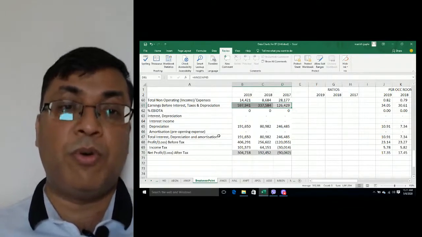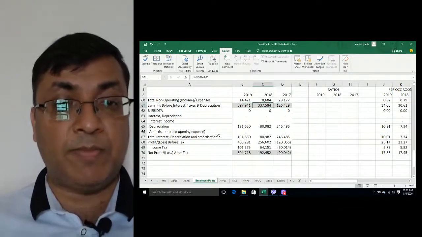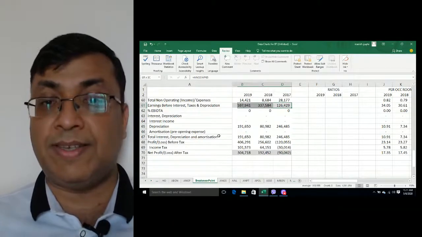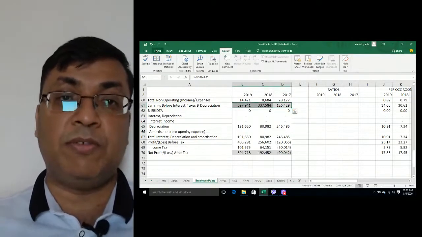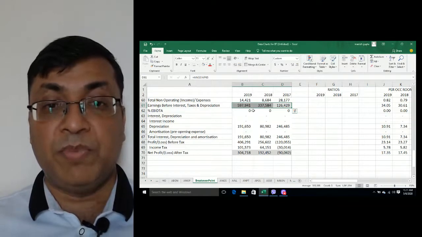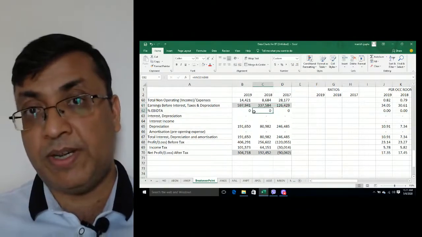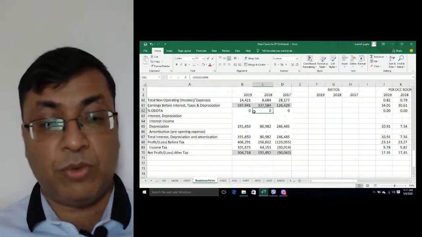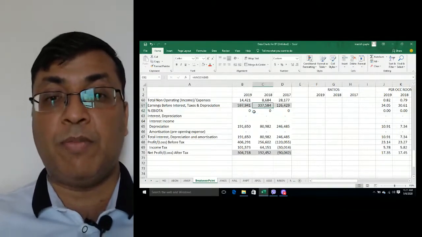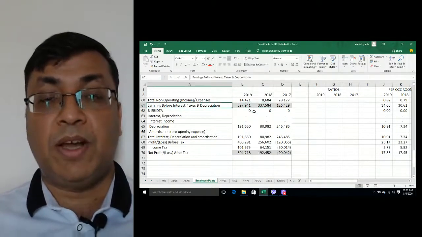So we may want to focus on EBITDA, earnings before interest, taxes, and depreciation, because this is what is going to impact the income. If you have no income, you don't have to pay the tax. So that is simple.